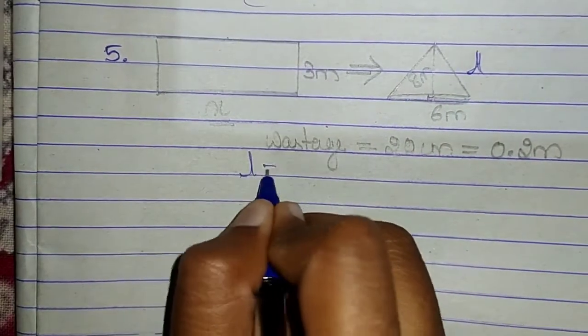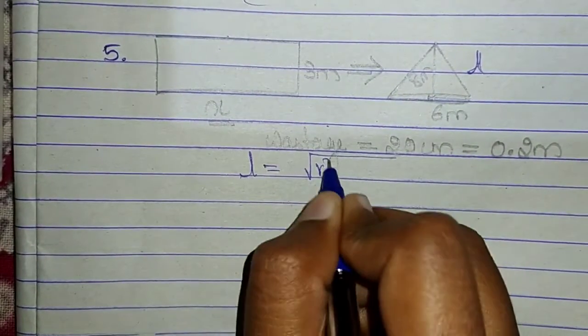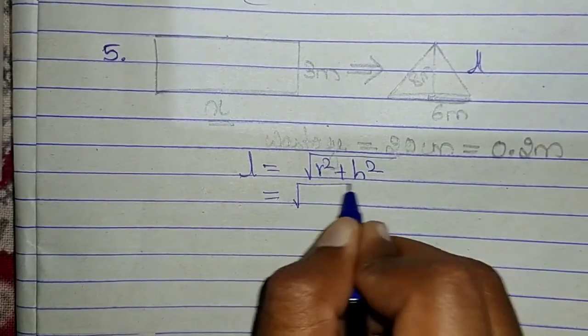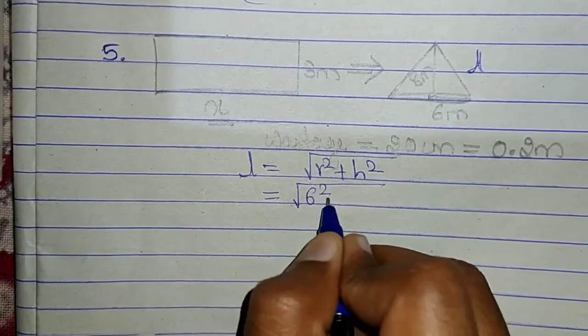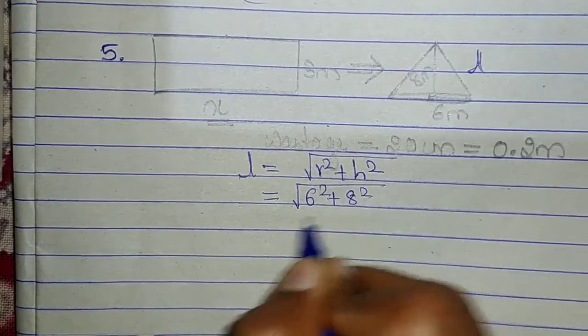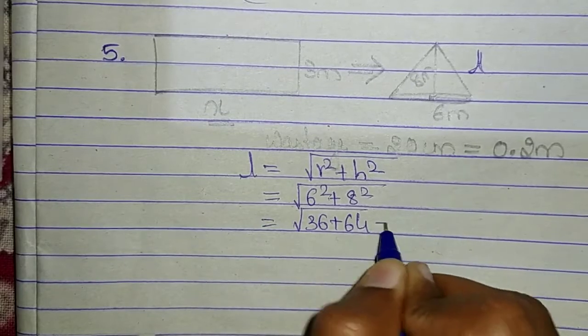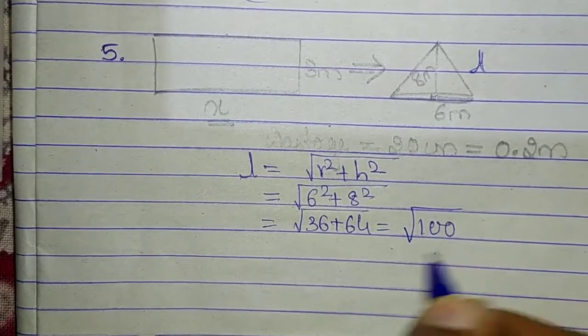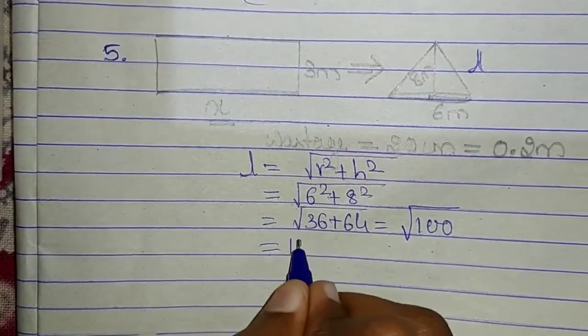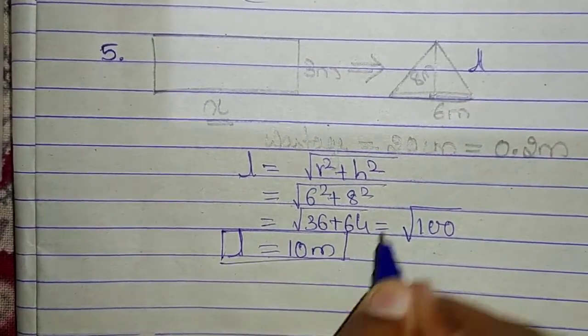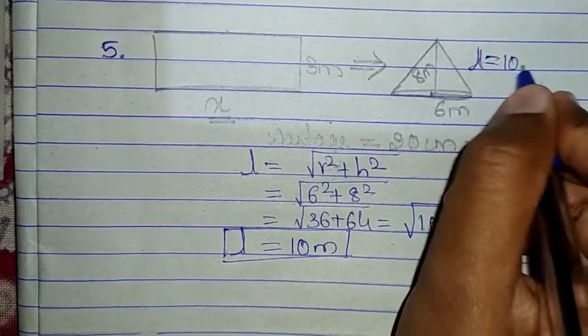So L is equal to under root R square plus H square, which is 6 square plus 8 square, which is 36 plus 64, which is under root 100. So square root of 100 is 10 meters. So slant height of the tent is equal to 10 meters.